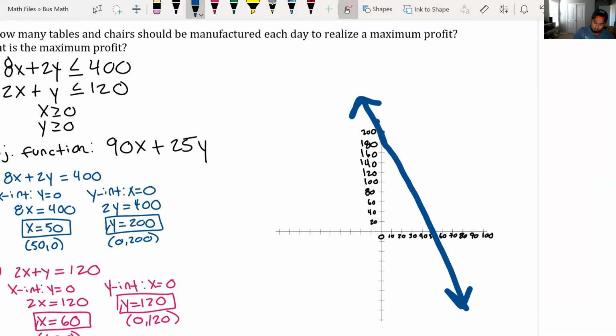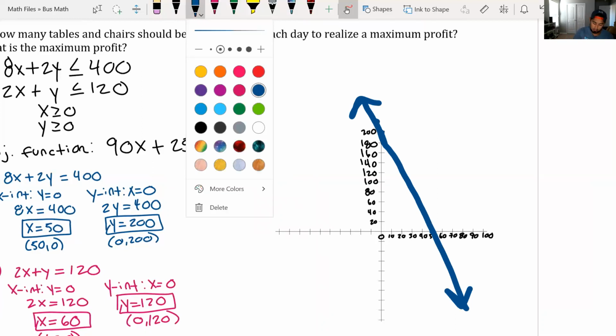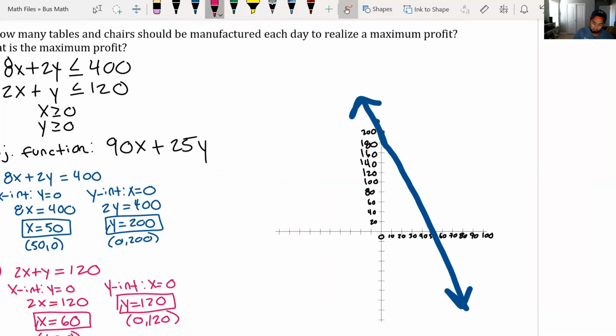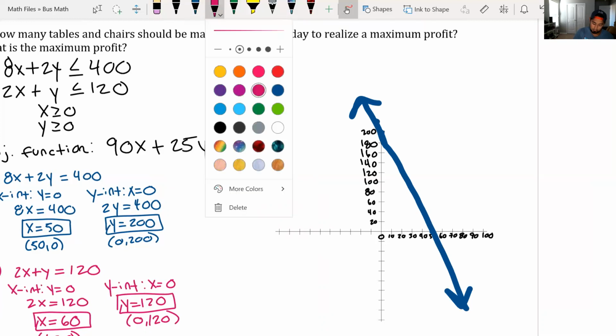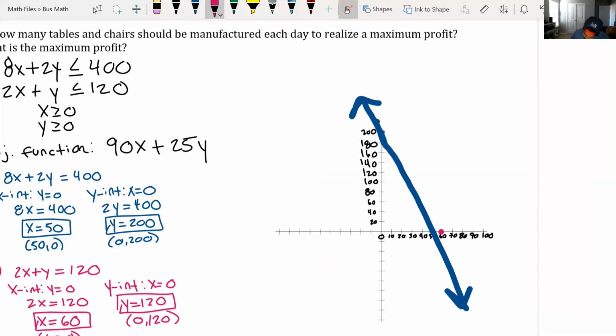Okay, and then let's switch that back. 60 and 120.